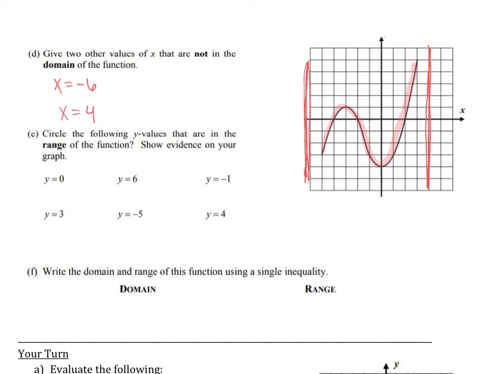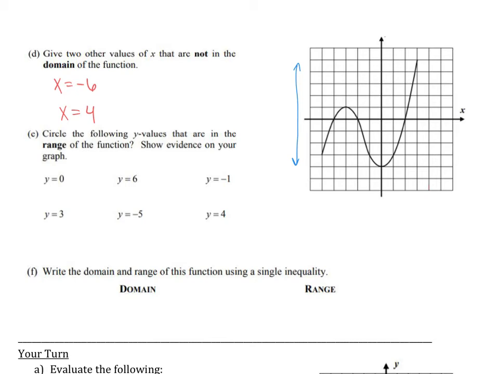Part E asks us to circle the following y values that are in the range of the function. So now we're talking about range. So let's think about, what is range again? So range is going to be the y values of a graph, right? So if we think about a graph, we want to think about that up and down shape, the y values.